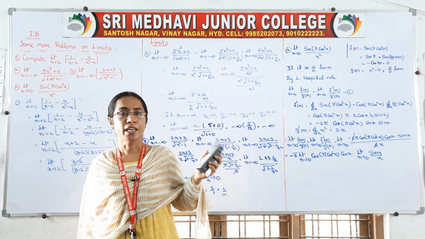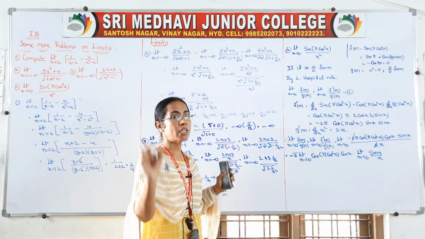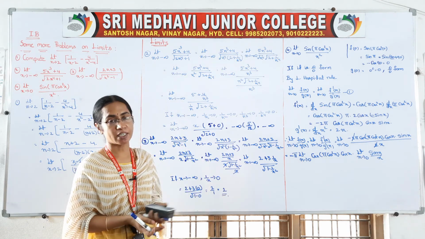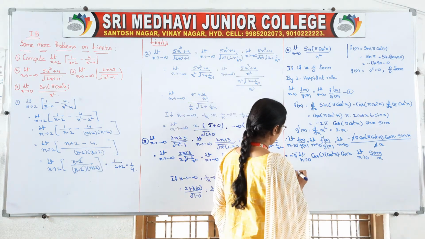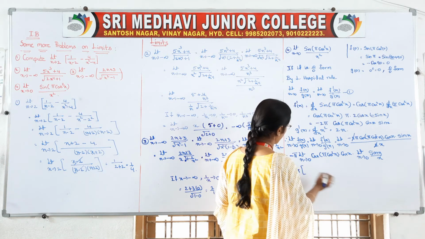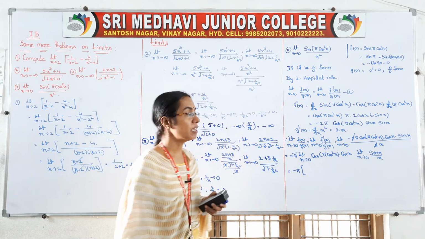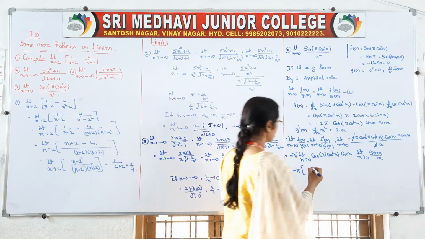We can write a into b by c as a into only b by c. We can write according to situation. If situation demands, we can easily take this value. So come on, it is equal to minus pi. Now apply your limit. What is the limit? X tends to 0. Wherever x is there, you take 0 now.